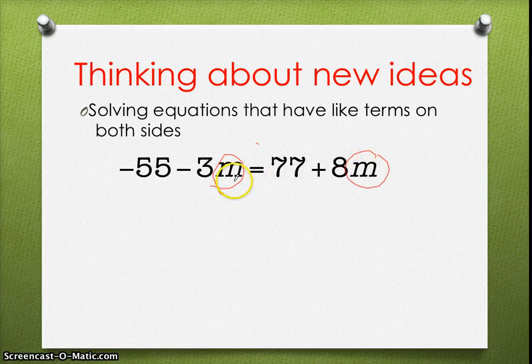But it's a good thing that they're both m's, because when we have like terms, we can just move them around from the left to the right or the right to the left by making sure that we keep our equation balanced. And the way we do that is just like constants, our counting numbers and our integers, we can add or subtract variable expressions as long as we make sure that we're balancing it out.